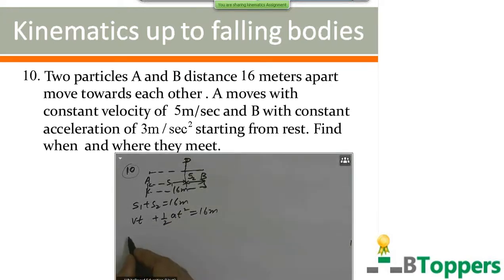V is given as 5 meters per second. The acceleration a is given as 3 meters per second square. You can multiply this equation with 2.